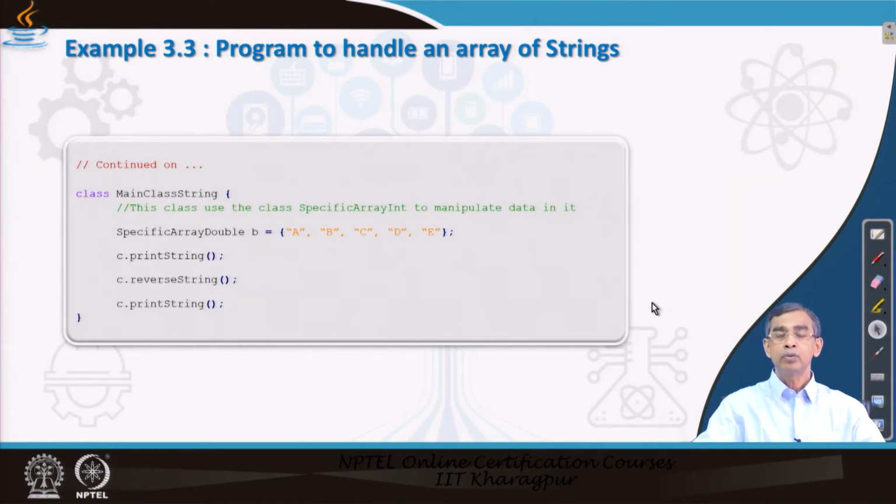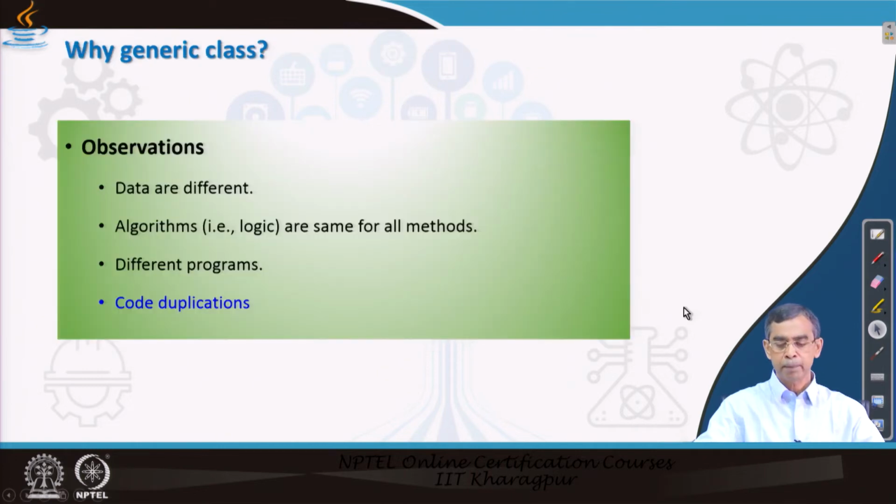Now, we could do the same thing, but instead of writing 3 different versions of the program for 3 different types, by using generic class declaration. So, how can this be done? Here is an example of how it can be.